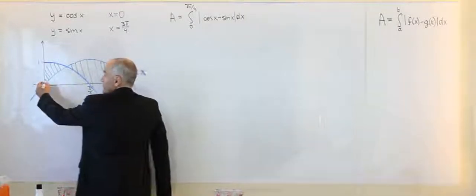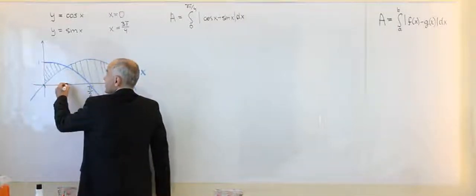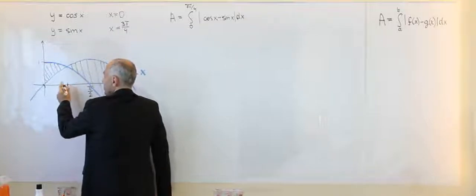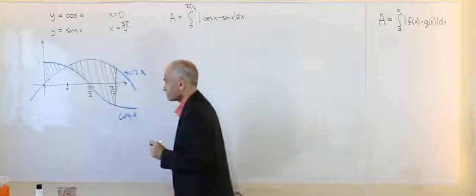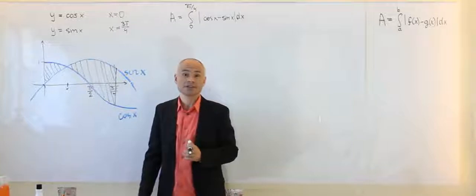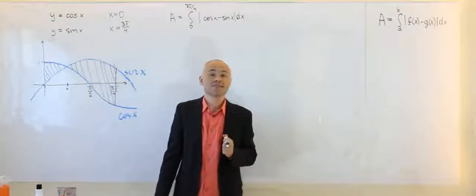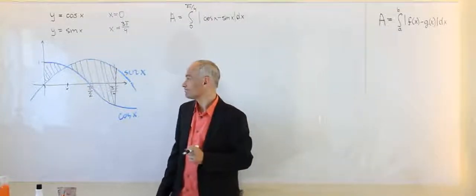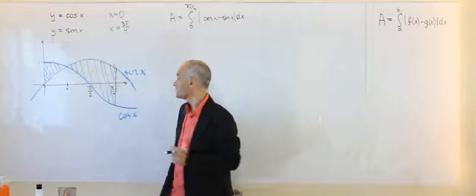The first one on the subinterval from 0 to that number here. Let me call that little x. And then from little x to 3 pi over 4. So we need to find that little x. How do we do that?